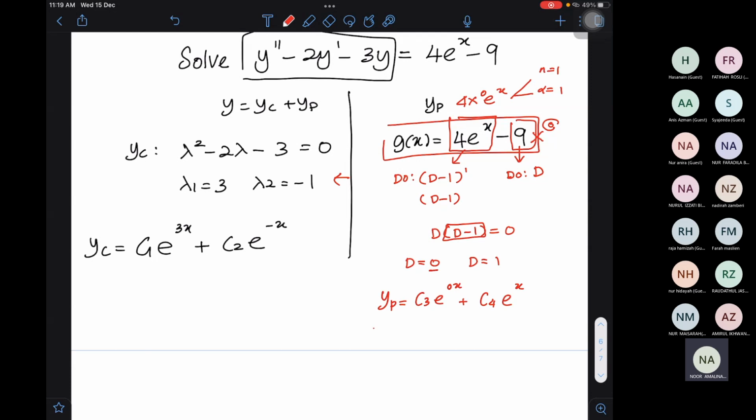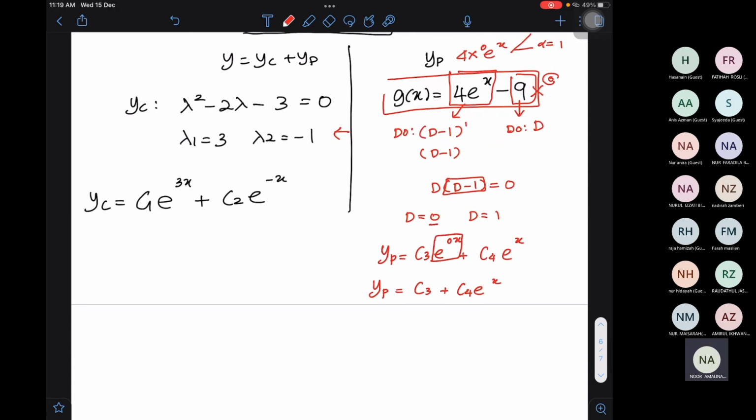So what you will have here is your yp will be C3 exponent 0x adalah 1, tak payah tulis, plus C4 exponent x. Okay, kalau you tak nak guna C3 dengan C4 dekat yp, then you boleh ganti your yp is equal to A tambah B exponent x. A dengan B tu constant. Dah dapat dah form of yp. Inilah form of yp dia, by using the annihilator approach.